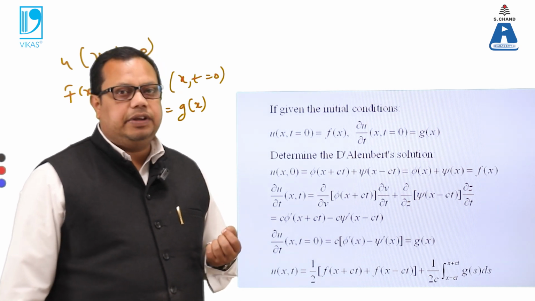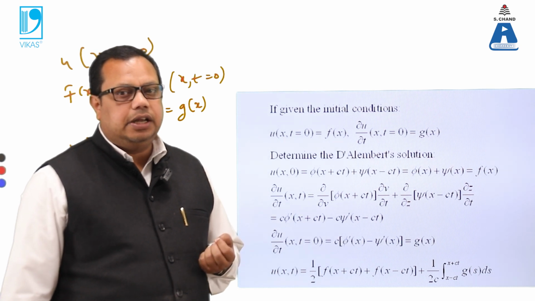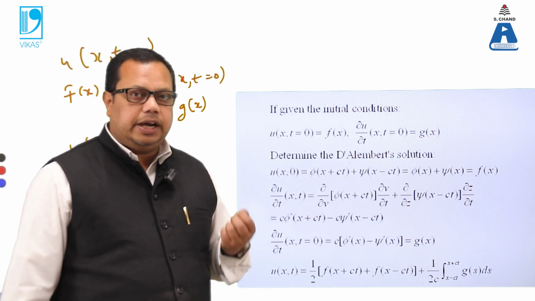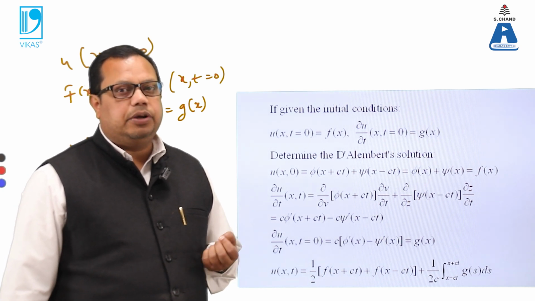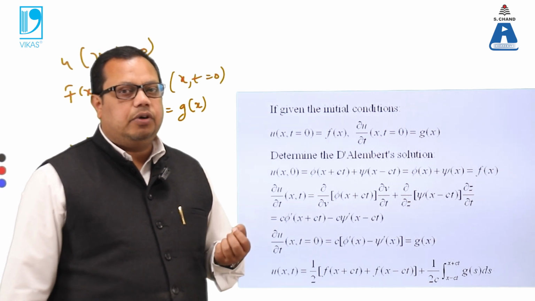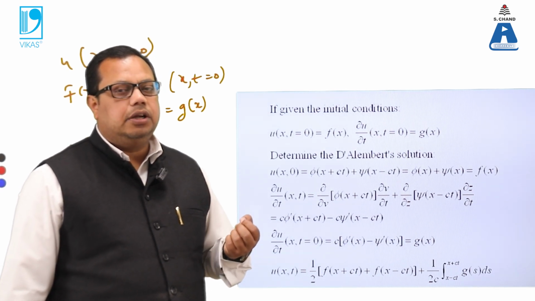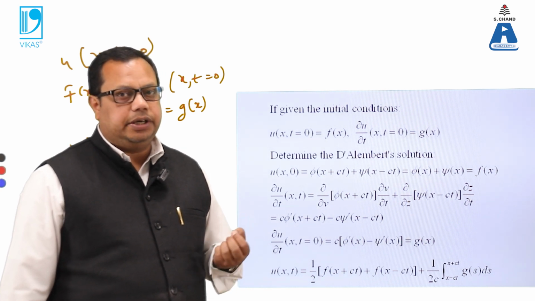As we can see, we have taken one value x plus ct and then another value x minus ct. After differentiating, we again calculate the value at t equal to 0 from the beginning point. From there we calculate the integrated factor and then the D'Alembert solution is completed.